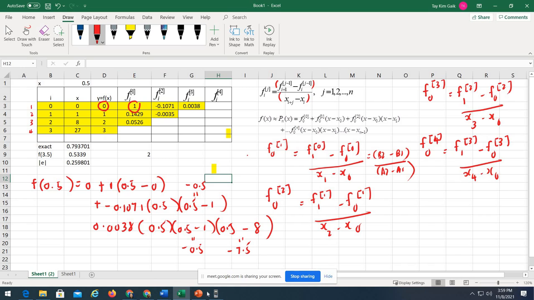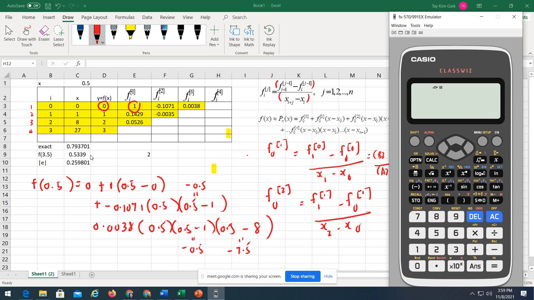And then you can calculate using the calculator. This is calculated using the Excel.